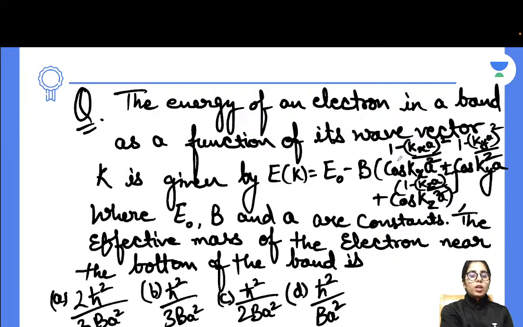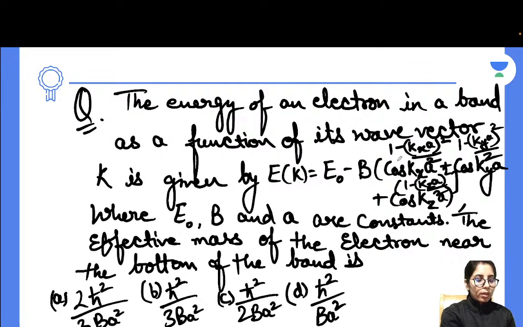So once you have got that 2ba square, you know effective mass is what? That's h cut square upon... once again, let me just check it out. Are you exactly going to get the same or something else? You have got k square a square, kx square a square upon 2. Now when you are differentiating it, you are going to have the half part there.